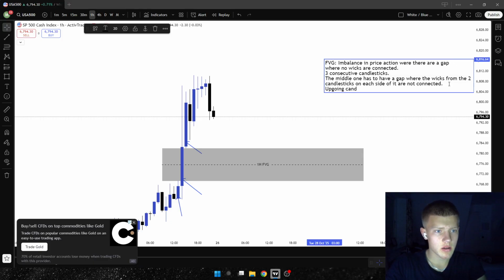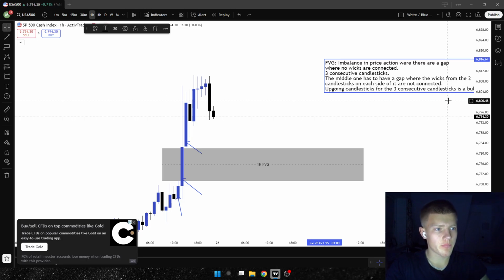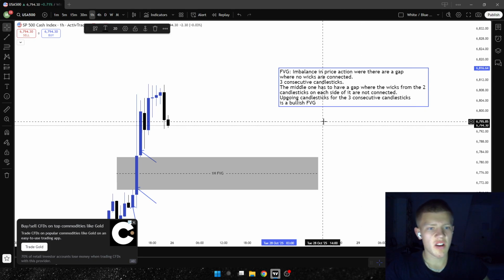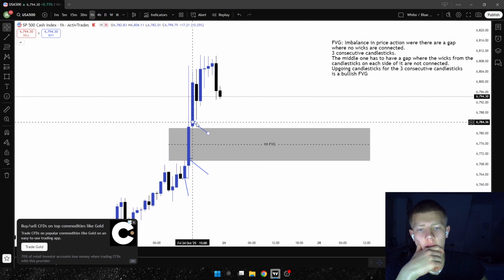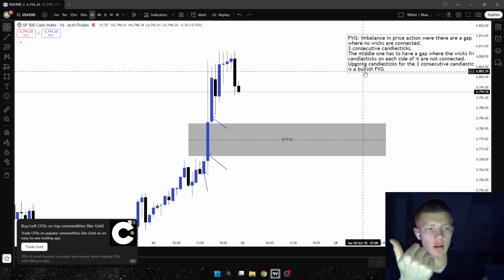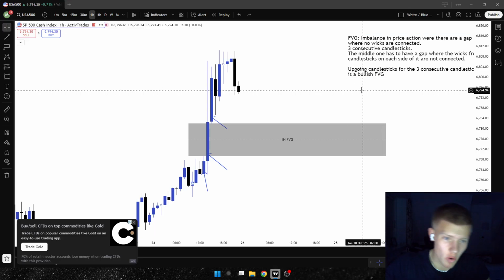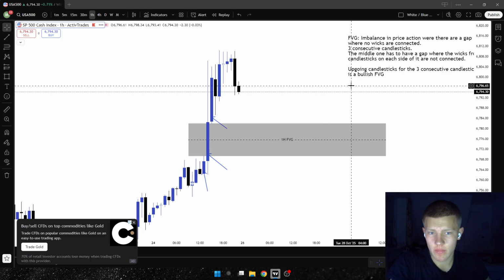Upgoing candlesticks for the 3 consecutive candlesticks is a bullish fair value gap. So in this scenario, it is a bullish fair value gap because it is 3 upgoing candles. A bullish candlestick is a candlestick where we will come back into, and then there's a high probability that we will go higher. That is basically it.